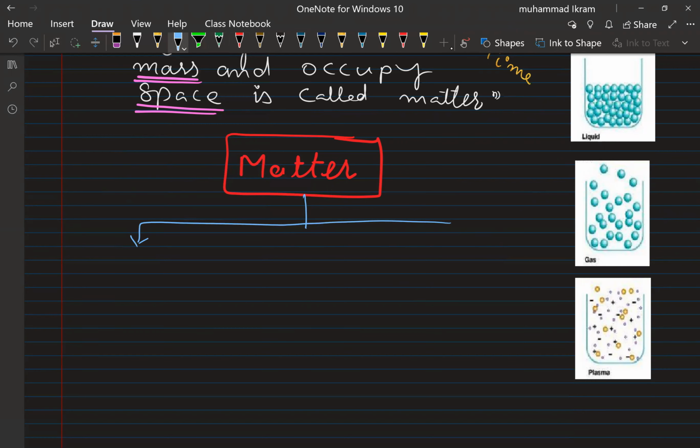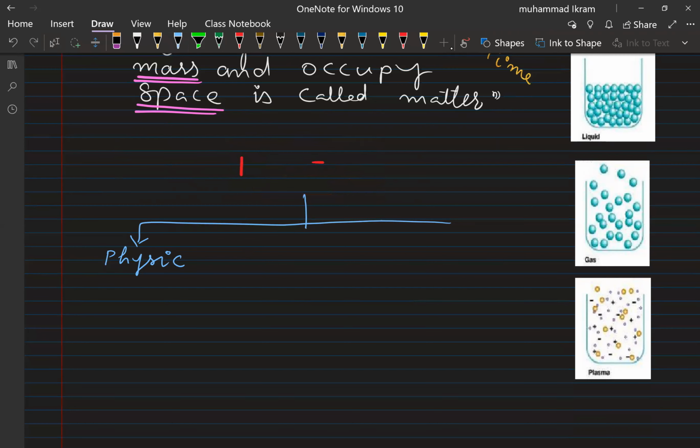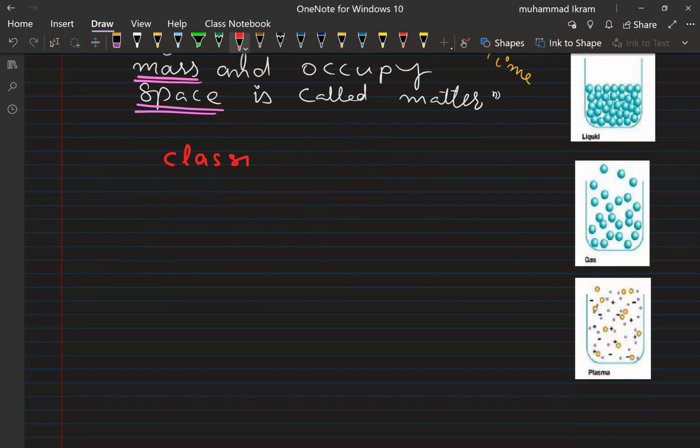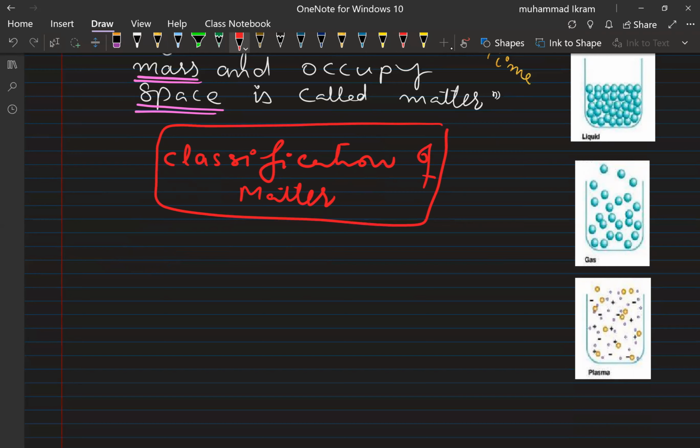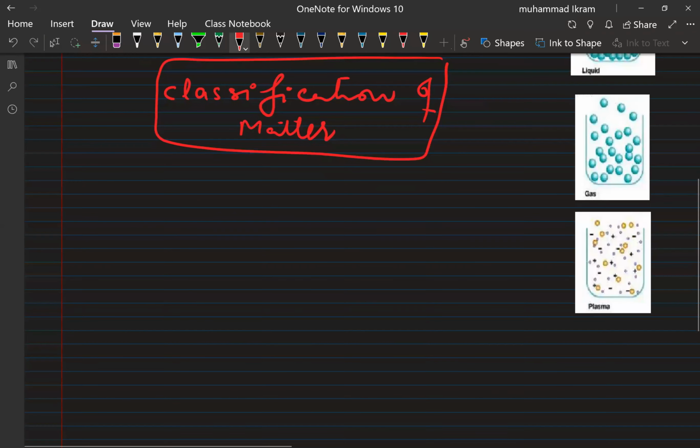It is the physical classification. The classification of the matter. So better to write the classification, that would be even better. So you see the classification of the matter. Broad classification, okay? Classification of matter. So we can classify matter into three broad classifications, right?